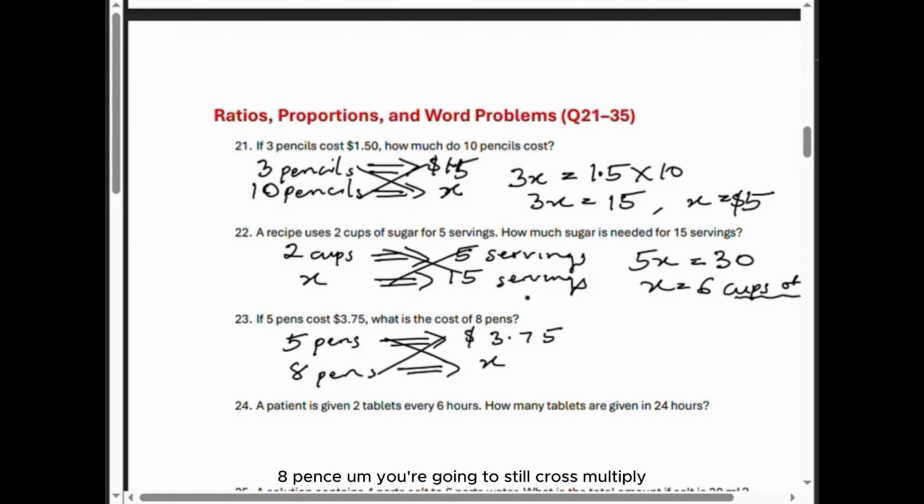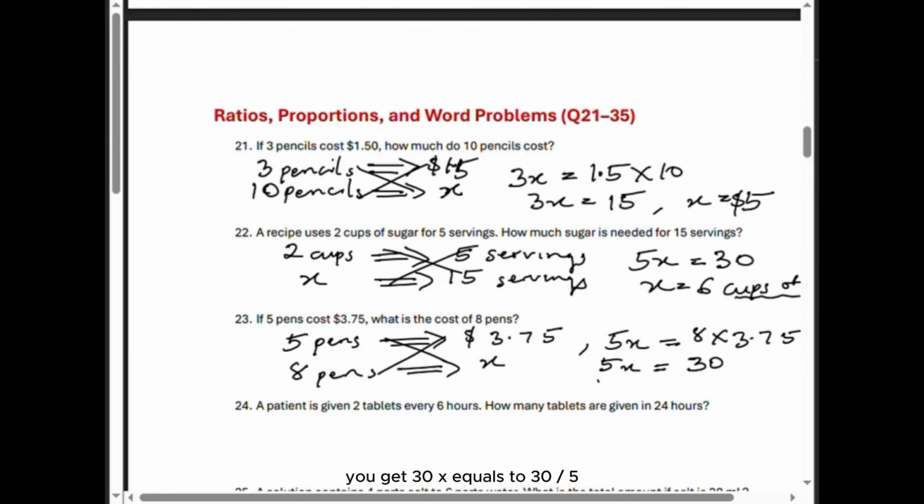You still cross multiply, then you have 5x equals 8 times 3.75. Let me write this. You're going to use a calculator here. You get 30. X equals 30 divided by 5, and you have $6.